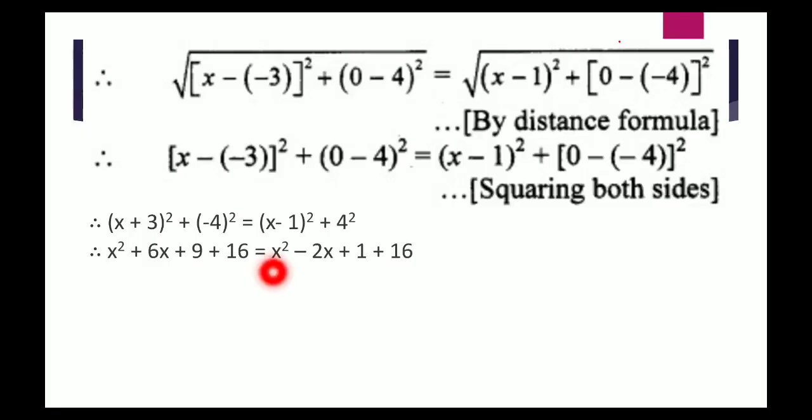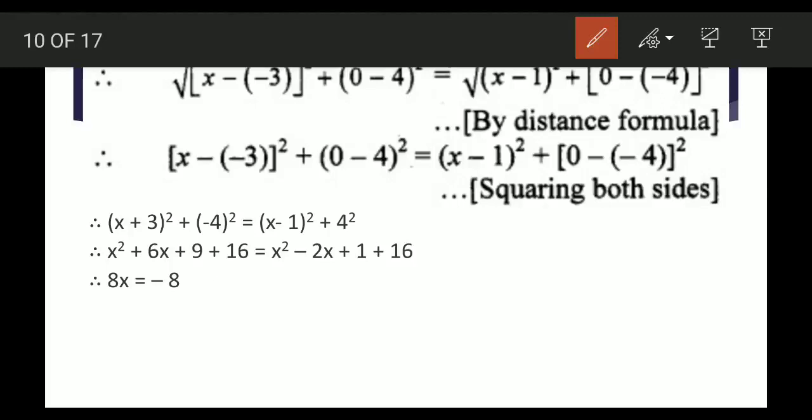In the same way, (a minus b) the whole square is equal to a square minus 2ab plus b square. So we expand using this formula: x square minus 2x plus 1 plus 16. On both sides 16 and 16 get cancelled, x square gets cancelled.